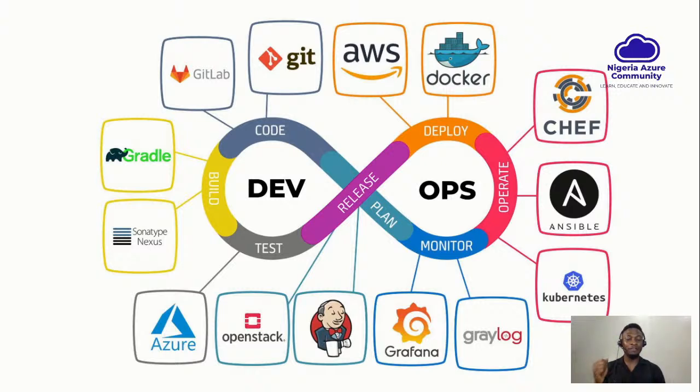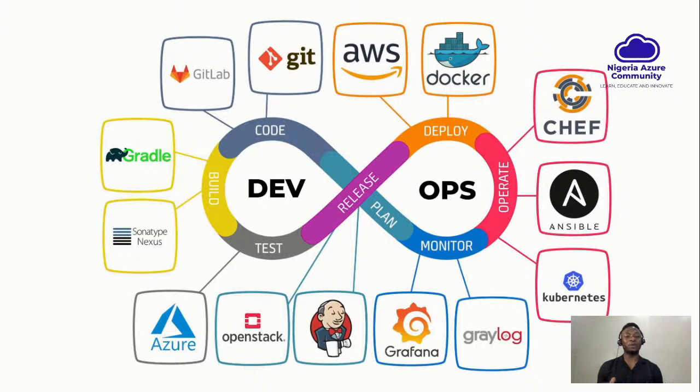The code is versioned using a versioning tool such as Git. There are other versioning tools, but the most widely used in the market today is Git. We use Git for versioning. All right, so moving on.